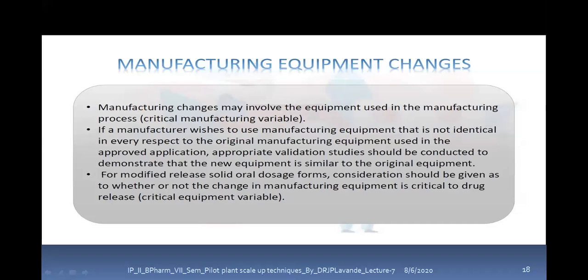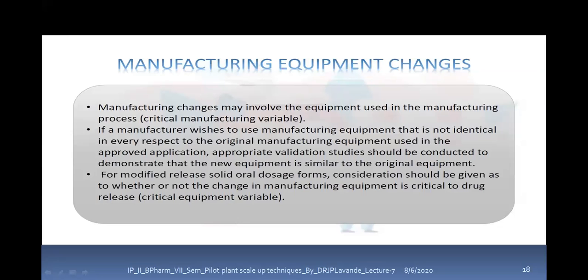If a manufacturer wishes to use manufacturing equipment that is not identical in every respect to the original manufacturing equipment used in the approved application, appropriate validation studies should be conducted to demonstrate that the new equipment is similar to the original one. This means that if we change the equipment, the functionality and the effectiveness should not be affected.